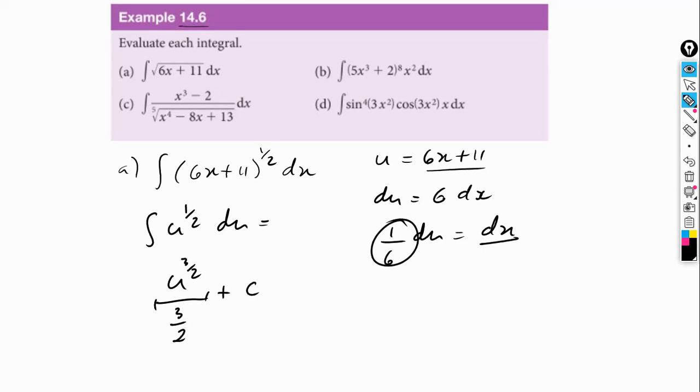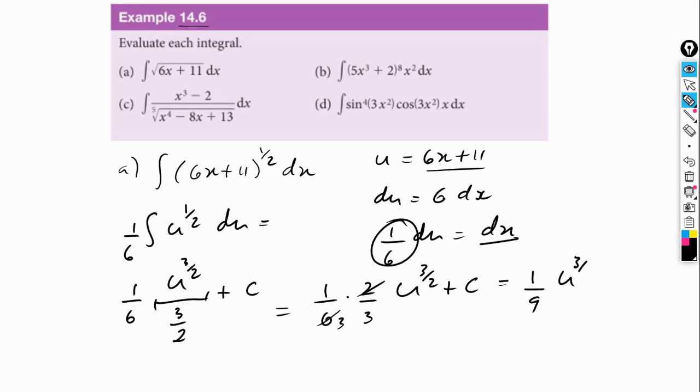So this times 1/6 here, so this times 1/6 here as well. So this is then going to be equal to 1/6 times 2/3 times u to the 3/2 plus c, and notice that we can cancel this out, this will be 3, so this is going to equal 1/9 u to the power of 3/2 plus c.